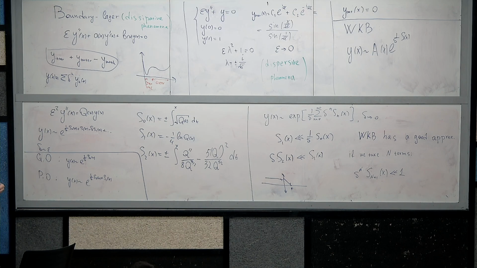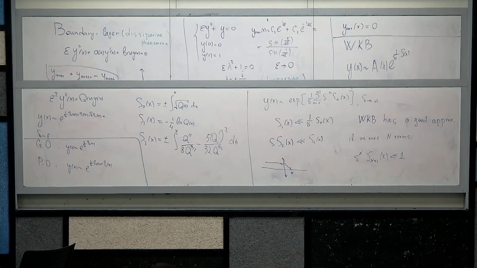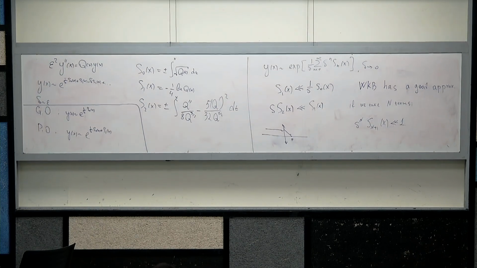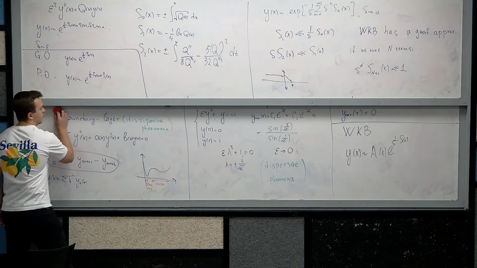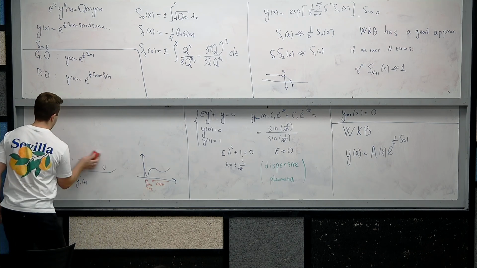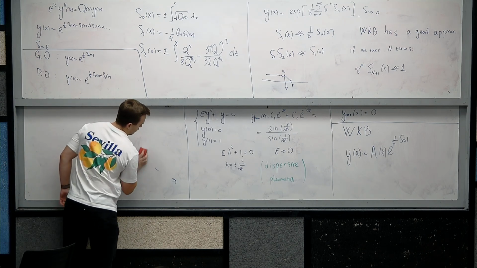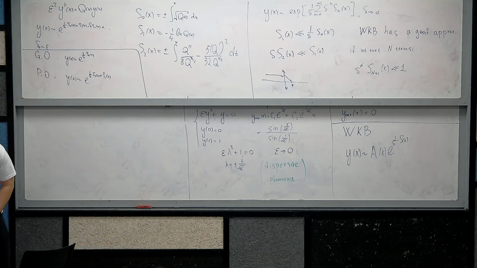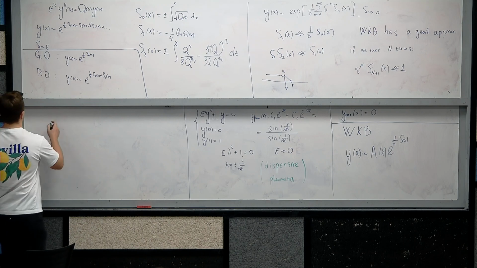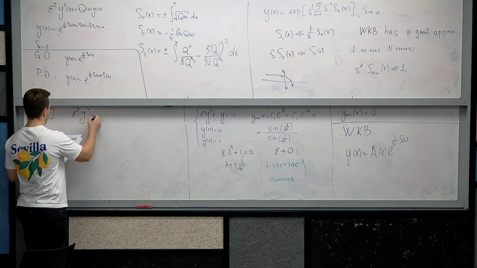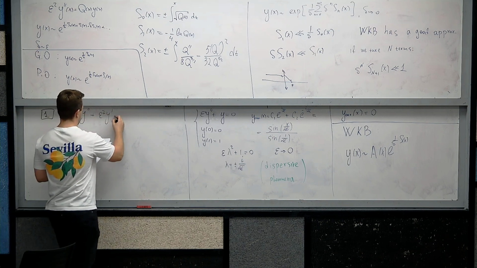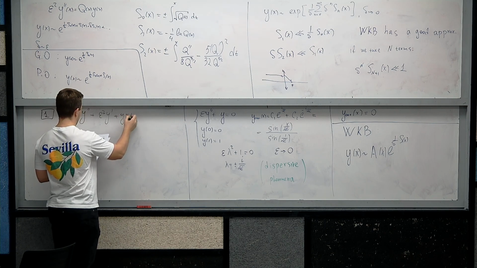Now let's solve. The first problem is epsilon squared times y double prime plus epsilon squared y prime plus y equals 0.